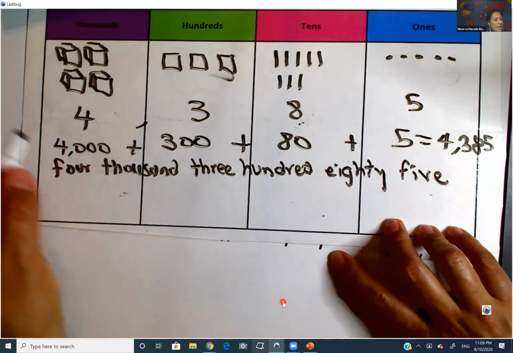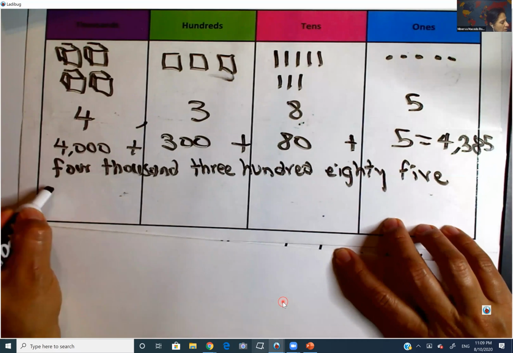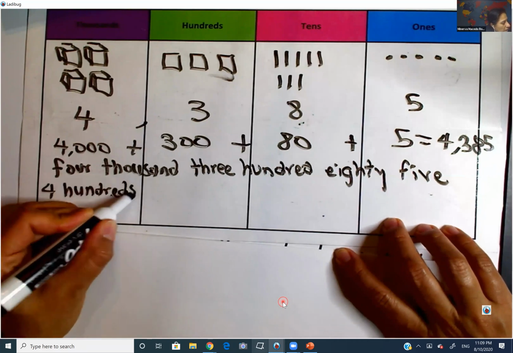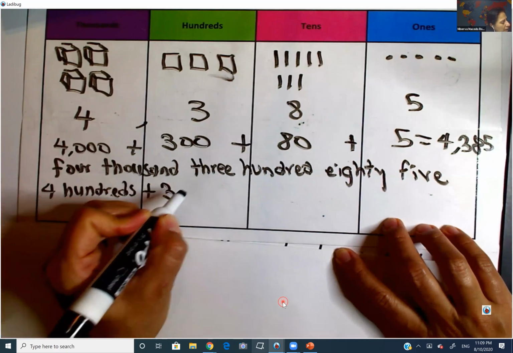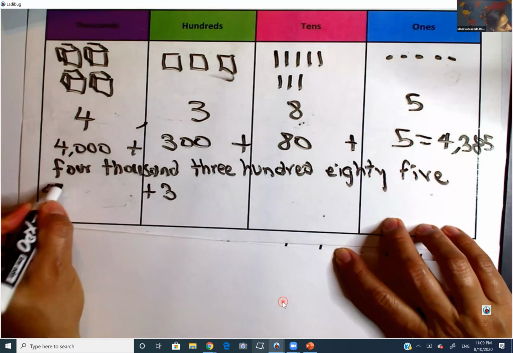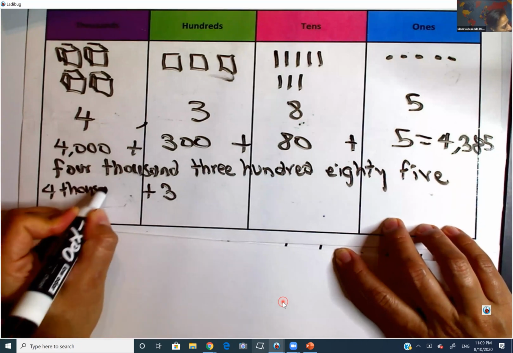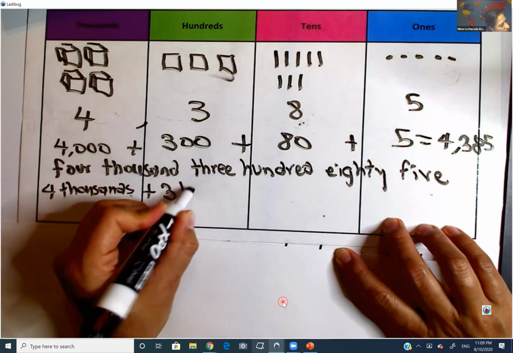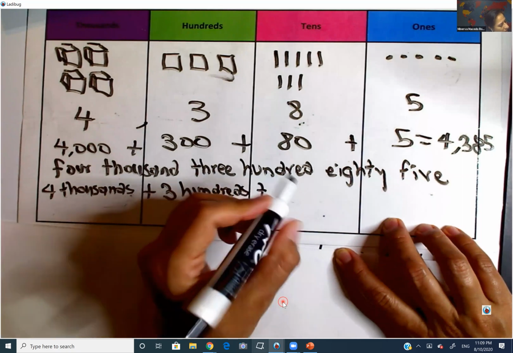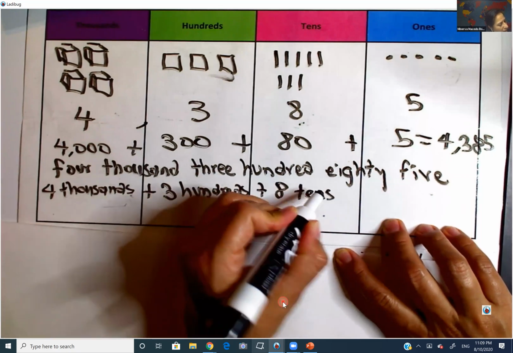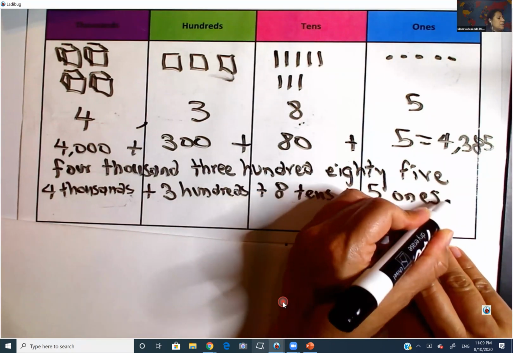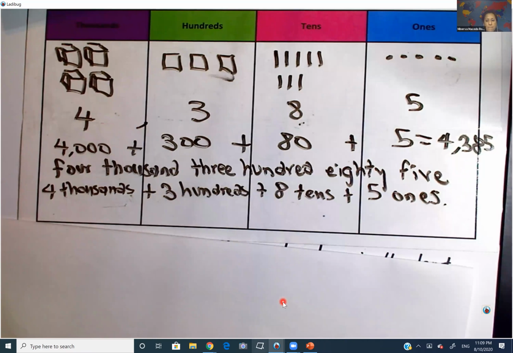So now the last one we're going to do is the value. So it's 4,000s, I got it wrong, 4,000s, thousands, 300s, plus 8 tens, plus 5 ones. And all these are representations of the same number.